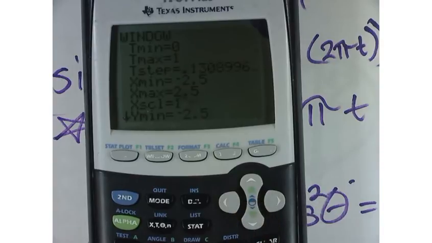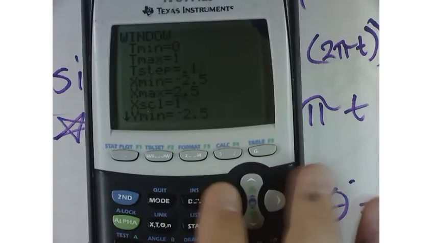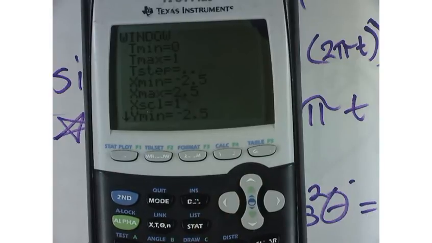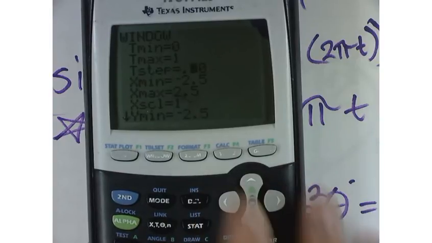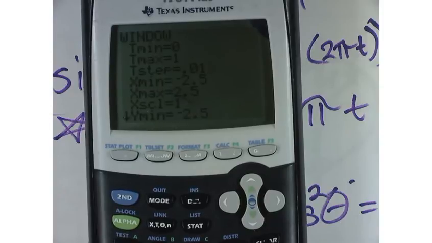We need to make it like 0.1. That would be good. You could even go a little smaller, like 0.01. Now what that does is it's going to plug in smaller increments of t, which will give you a smoother curve. So now if I graph it, it's a perfect circle.